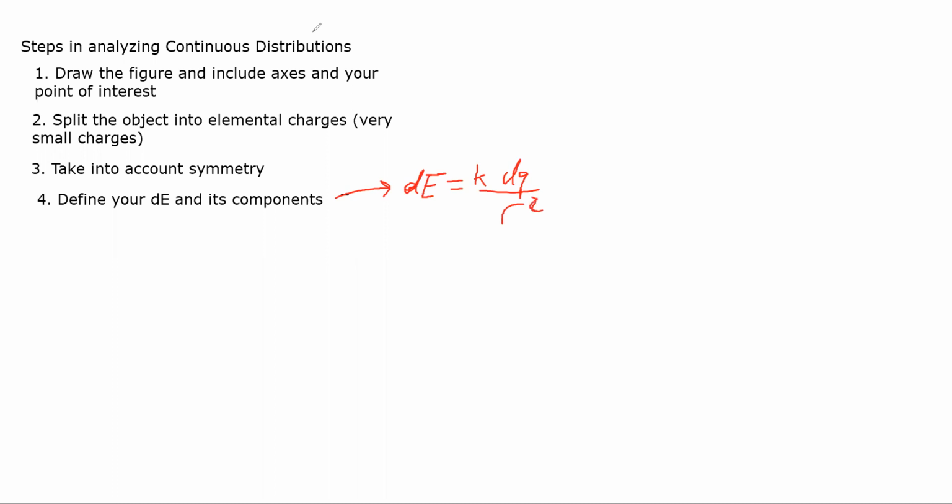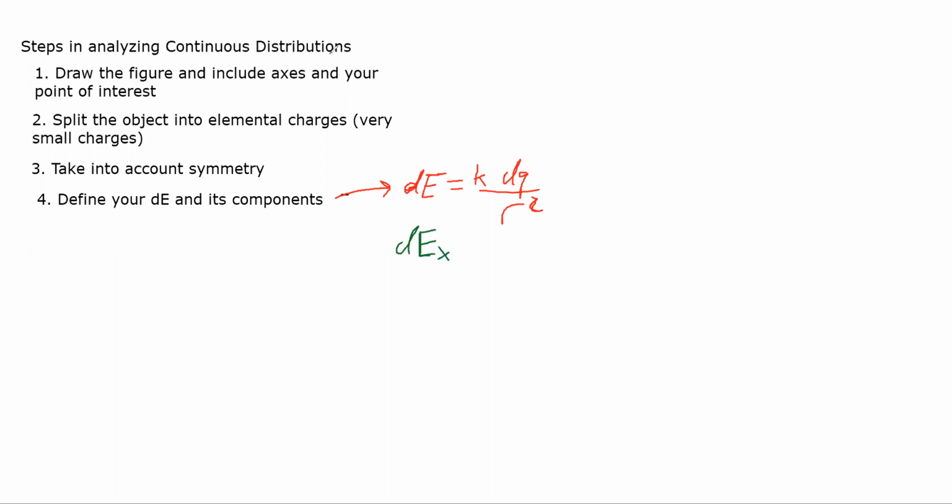It's just like, what is your dq? I explained in the last video that your dq can change depending on your geometry, what your object is, but you pretty much have to substitute your dq. Once you do that, you find, like what we did, dEx. We didn't have to find dEy, but that will be step 4.